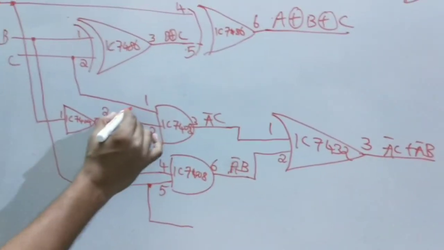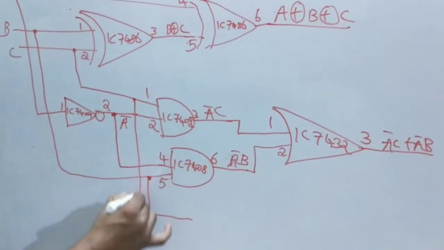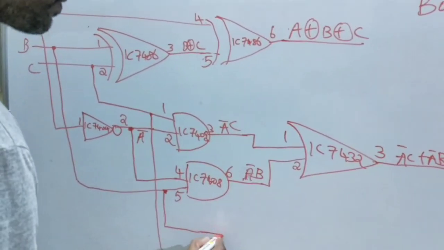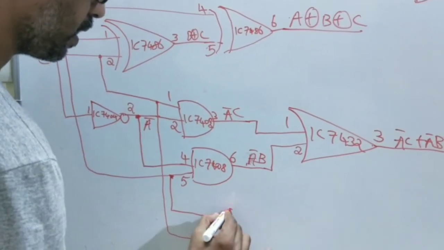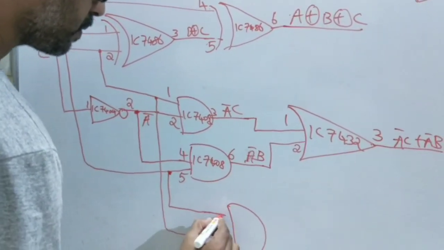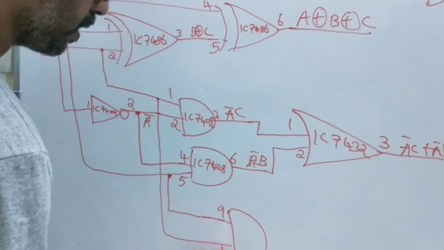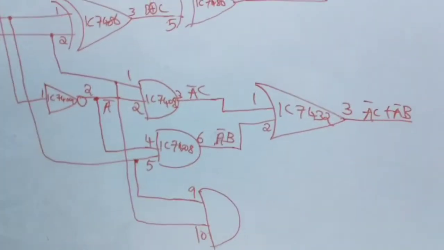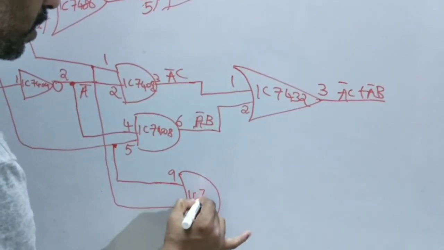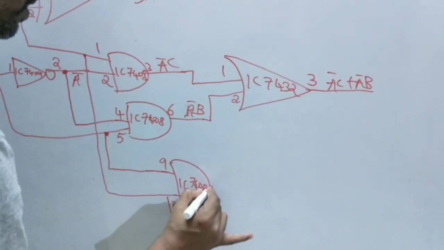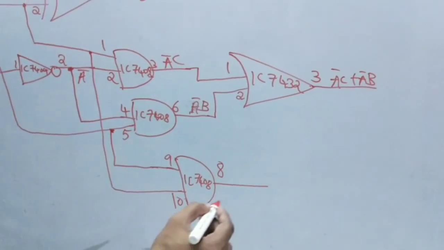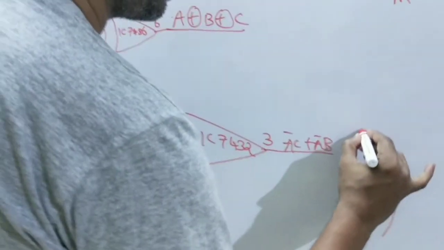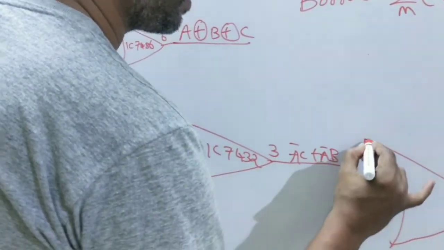So we can take it from pin number 1, then we can connect it with the same IC, the another AND gate, 9th pin and 10th pin, okay? IC 7408. I'm taking the output from the 8th pin, and this output should be connected to another OR IC, right?